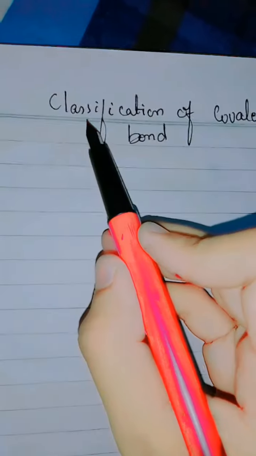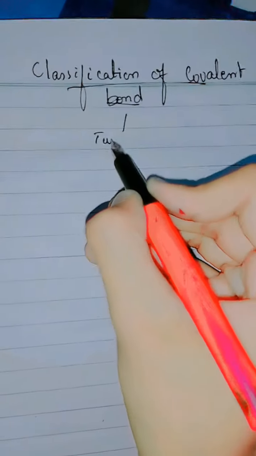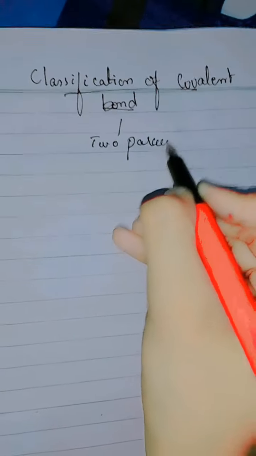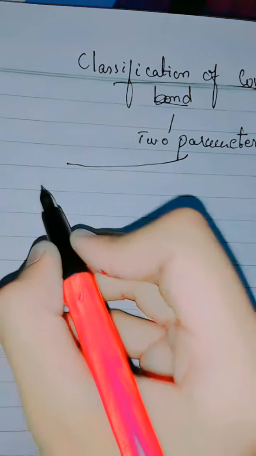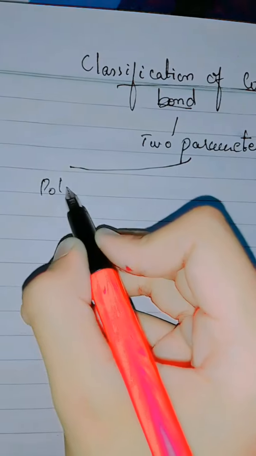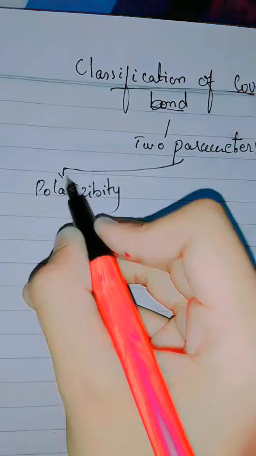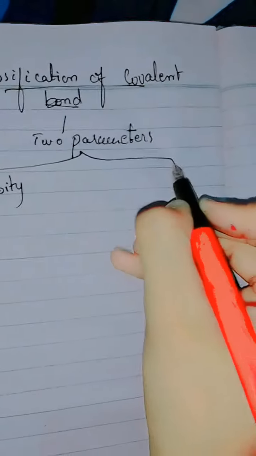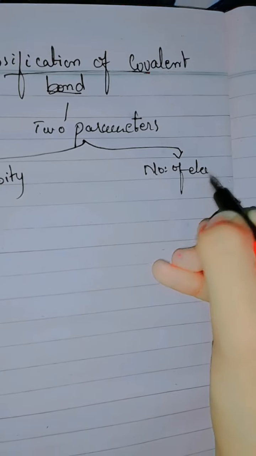Today we are going to discuss a topic that is classification of covalent bond. So basically there are two parameters of covalent bond. One is polarizability, and second one is number of electron pairs.